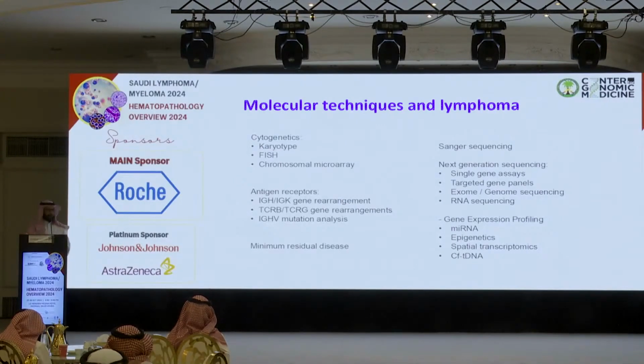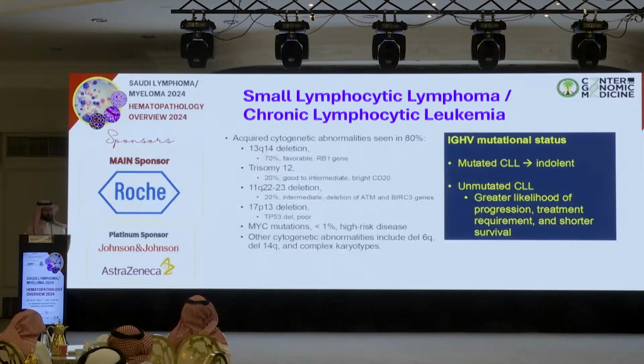Now, we'll move to a disease-based update in terms of genetics for these lymphomas. We'll start with CLL, SLL. This is one of the commonest lymphomas. It can be tissue or can be liquid. There are multiple cytogenetic abnormalities that have been described.